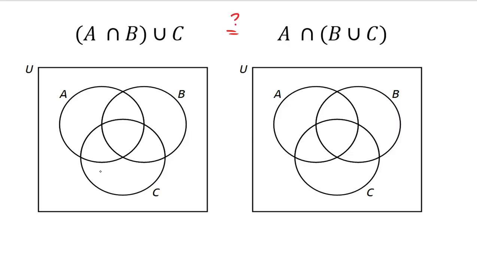For the first one, I'm going to, again, represent it one step at a time. It's the way I like to do it. I'll say, okay, well, what is in the parentheses first, A intersect B. I'll represent that in this direction. A intersect B is everything that's in both the A circle and the B circle. It'll be that region right there. C, which I'll represent like this, is everything that falls within the C circle.